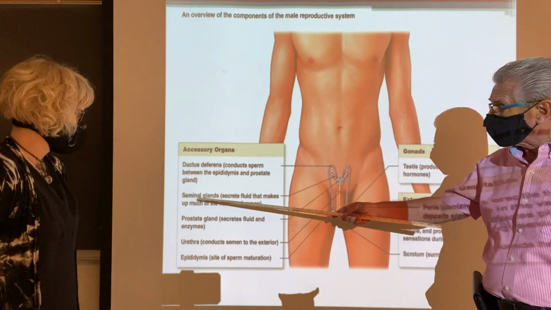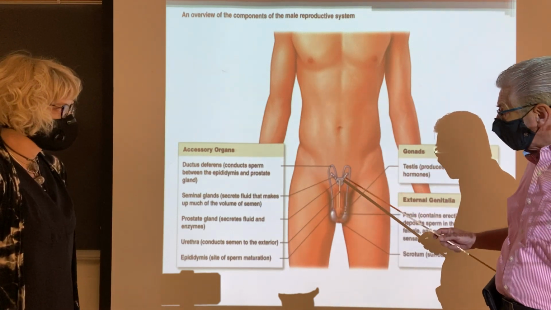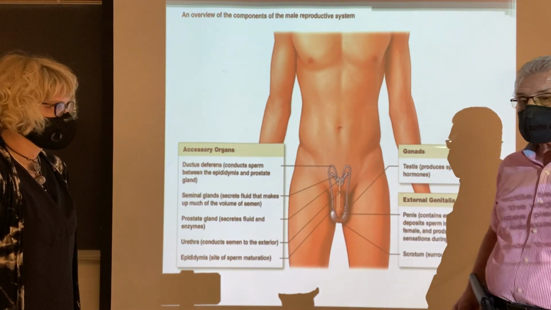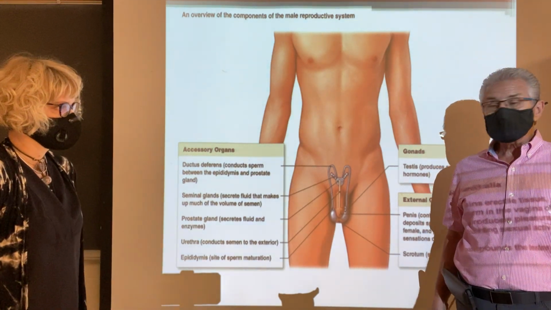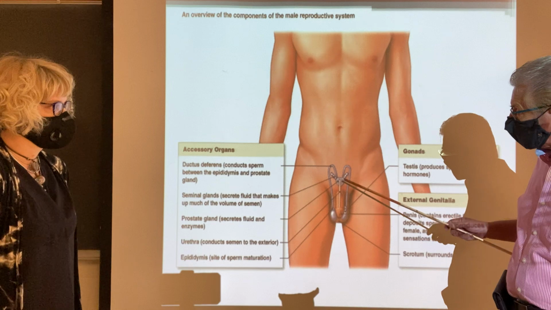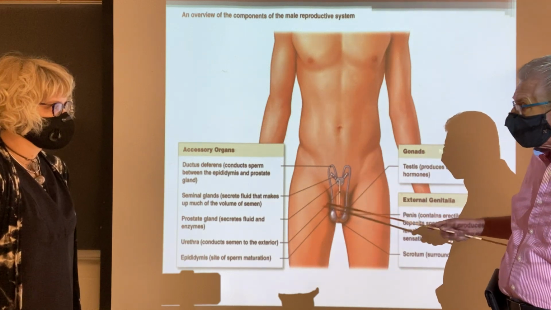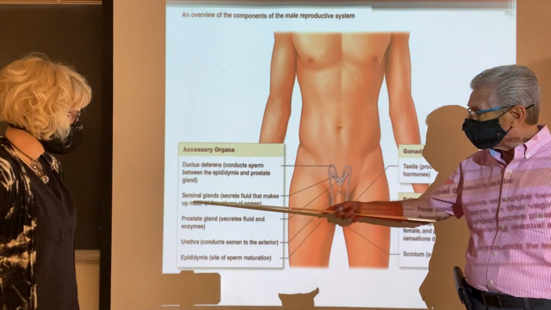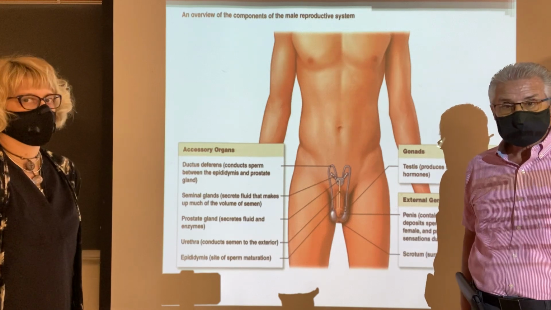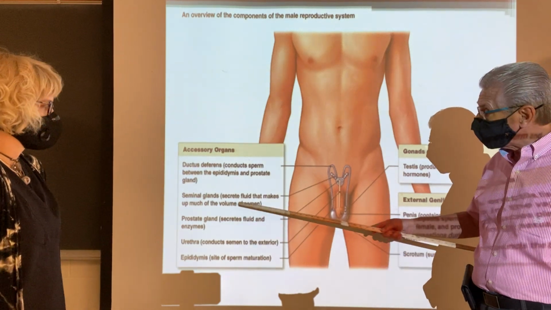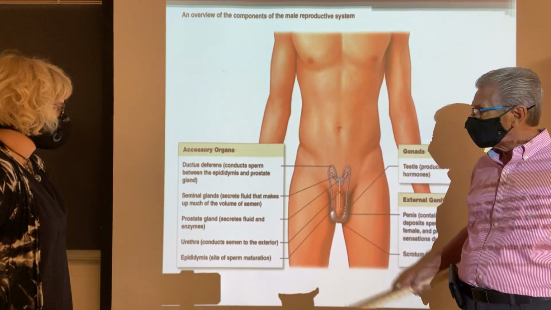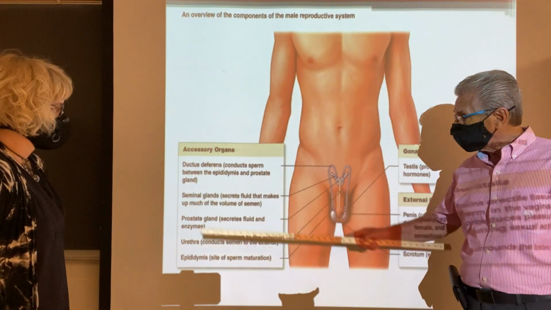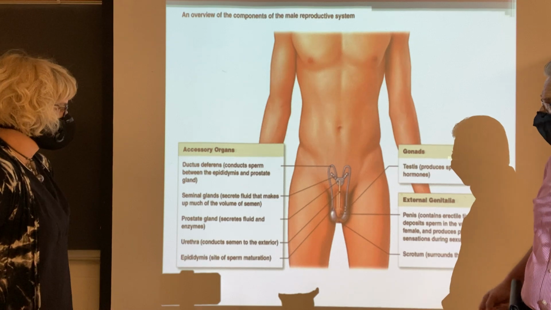The seminal vesicles are located on the posterior surface of the prostate gland, and in this particular case, they will contribute to the majority of the fluid that is produced. Approximately 60% of the fluid is produced from the seminal vesicles, okay?